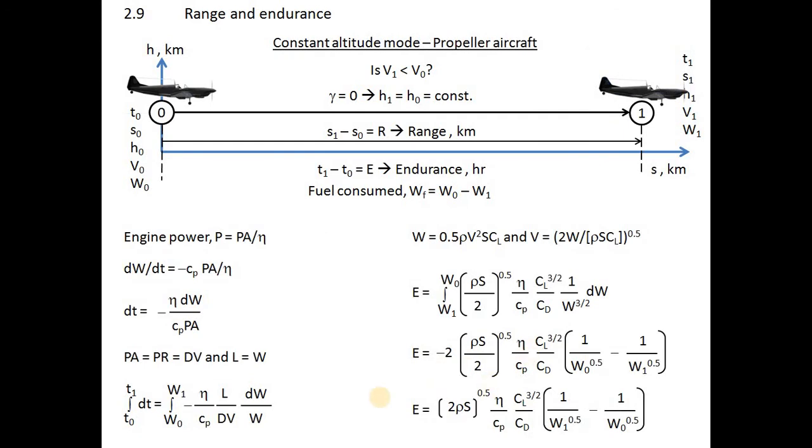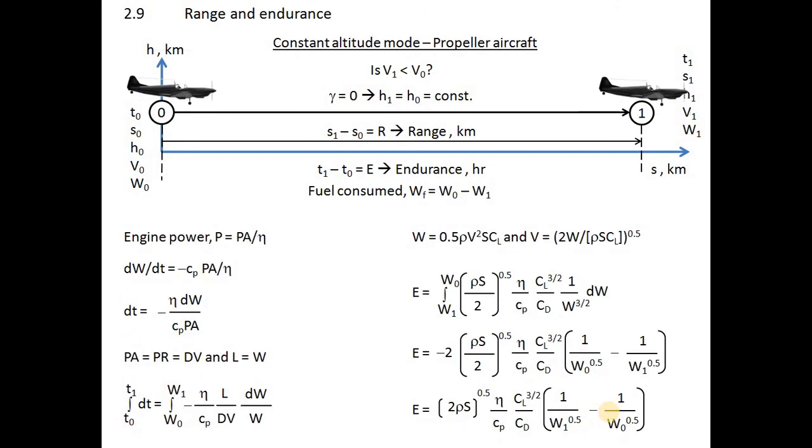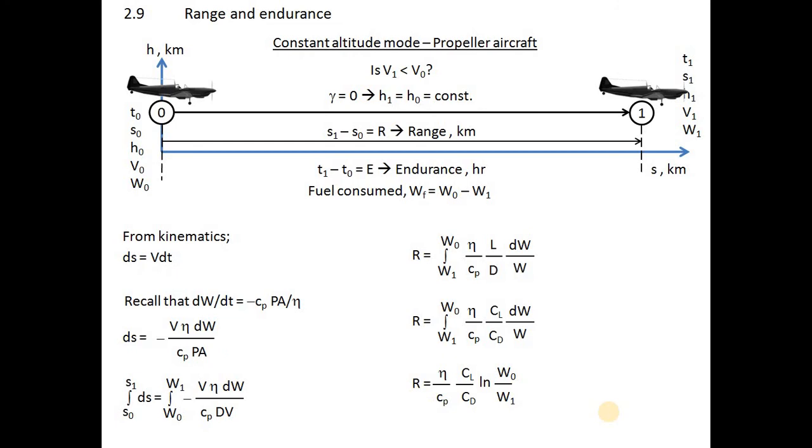For propeller aircraft, for maximum endurance, fly at maximum CL^1.5 over CD. For longest range, jet aircraft fly at CL^0.5 over CD, whereas for maximum range, propeller aircraft fly at maximum CL over CD. So jet and propeller have different requirements to go farther or longer.